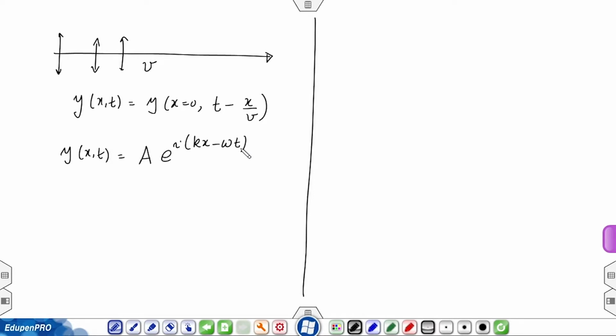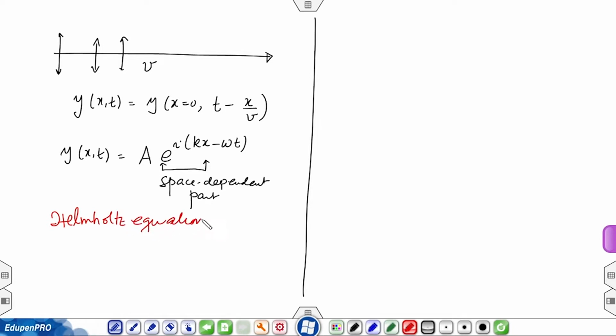Now, I could have obtained this space dependent part by solving what is known as the Helmholtz equation. I am introducing all these terms, which will be handy as we progress.